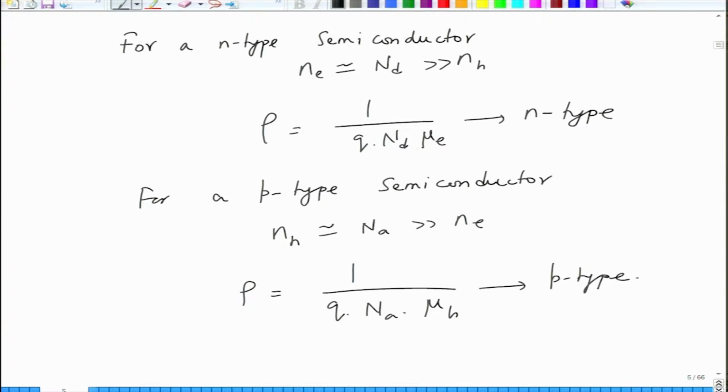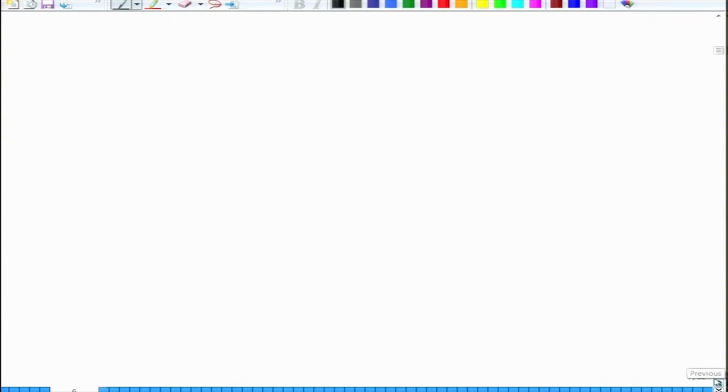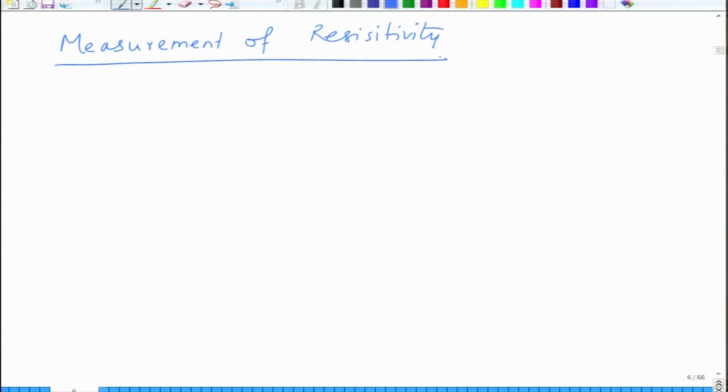Now the measurement of resistivity is basically done using what we call the 4 probe method.